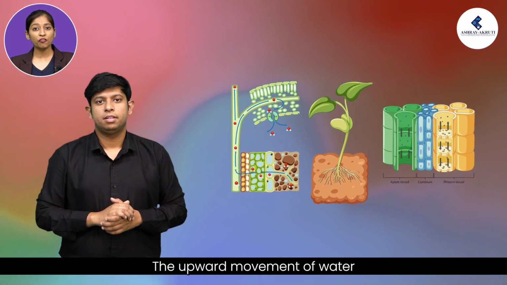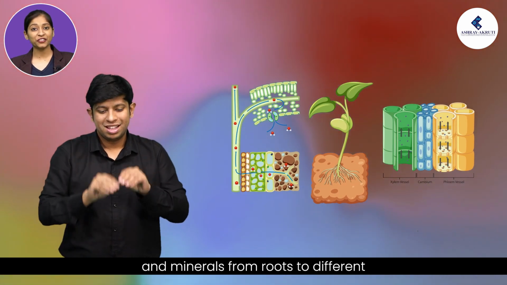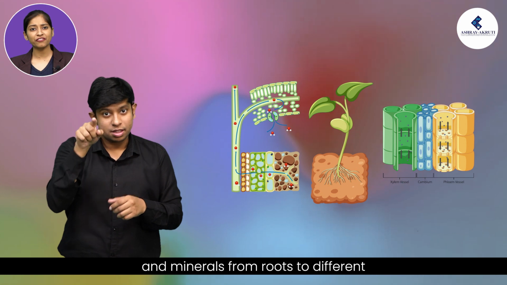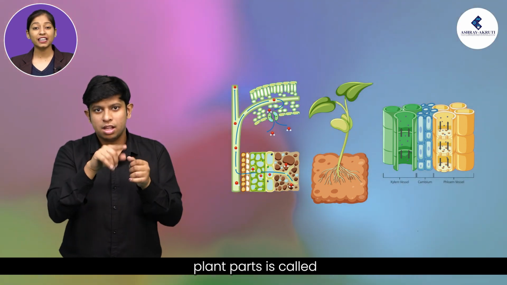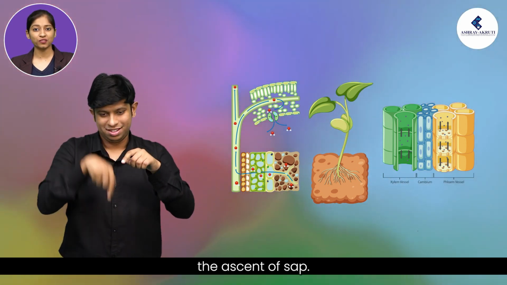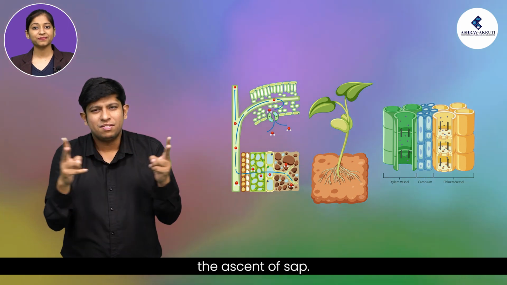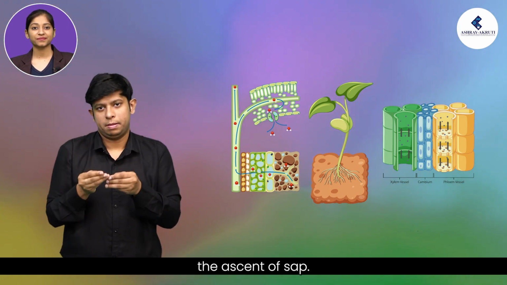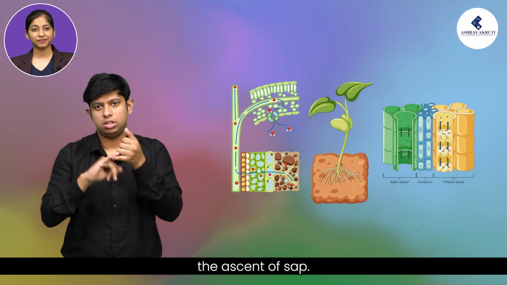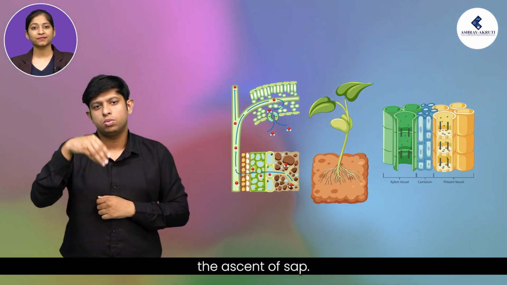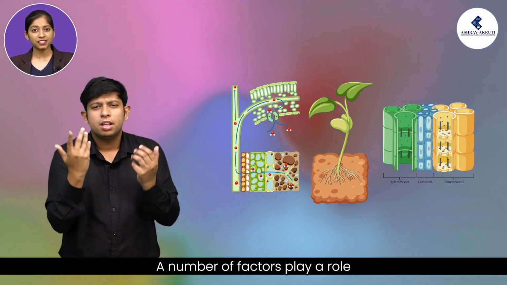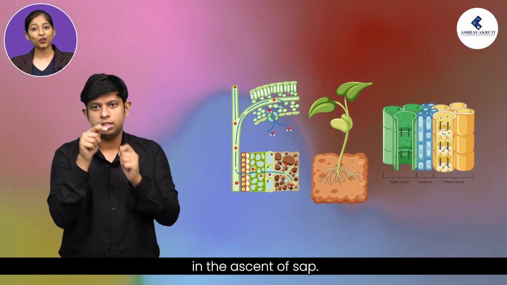The upward movement of water and minerals from roots to different plant parts is called the ascent of sap. A number of factors play a role in the ascent of sap.